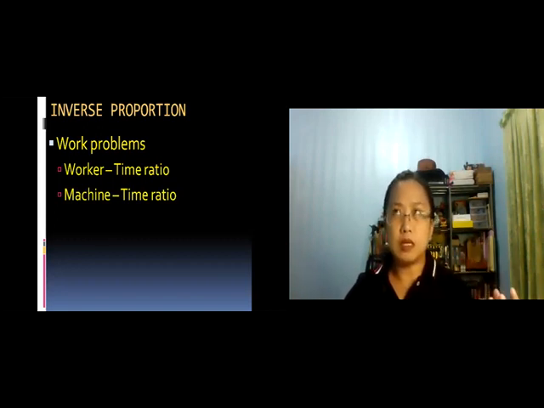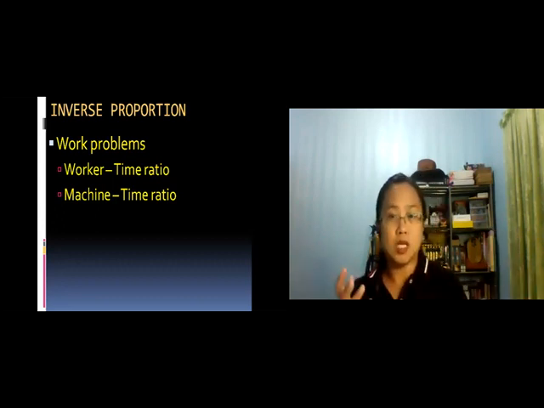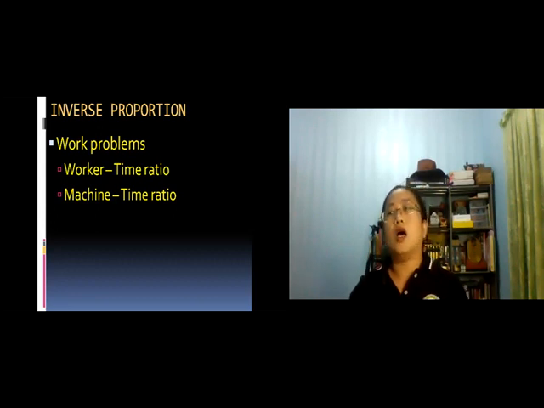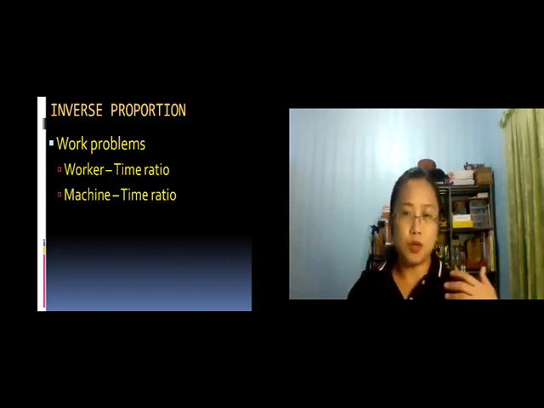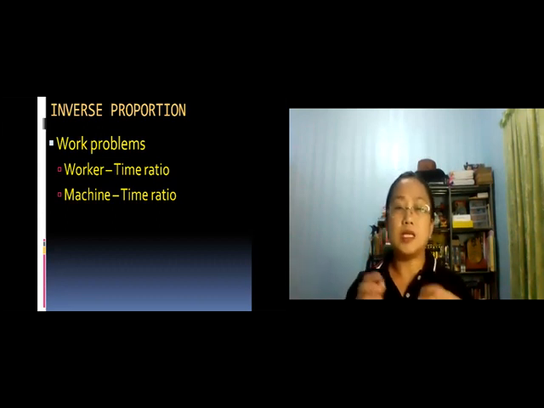Pag machine naman, yung trabahador na tao, papalitan lang natin ng machine. Okay? If you have a machine time ratio problem, either of the two will be asked, kung ilan yung numero ng machine or gaano katagal. It's an inverse proportion. Okay?